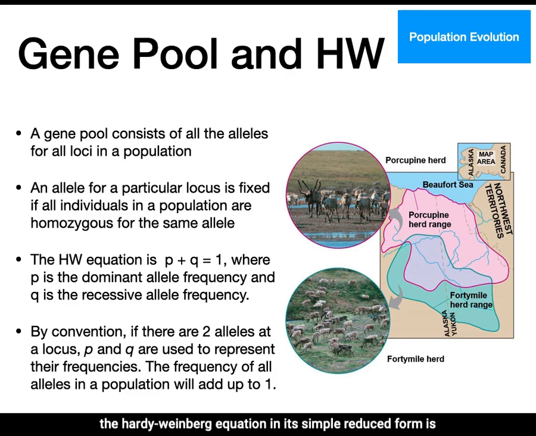The Hardy-Weinberg equation in its simple reduced form is p + q = 1, where p is the dominant allele frequency and q is the recessive allele frequency. By convention, if there are 2 alleles at a locus, p and q are used to represent their frequencies. The frequency of all alleles in a population will add up to 1.